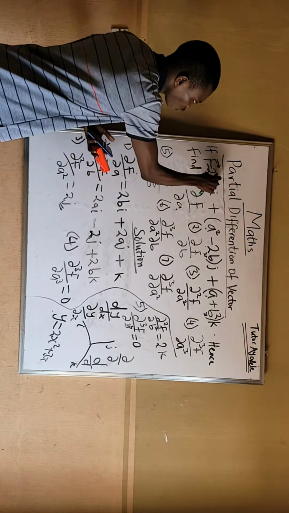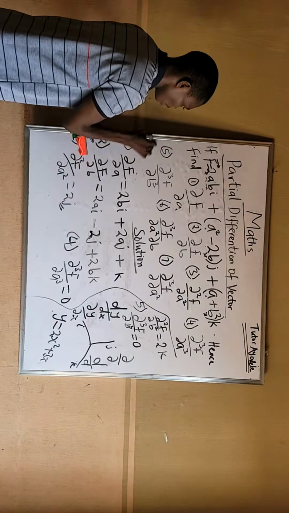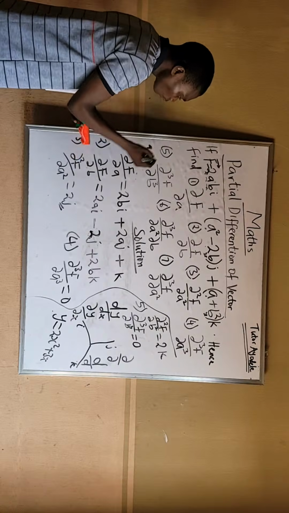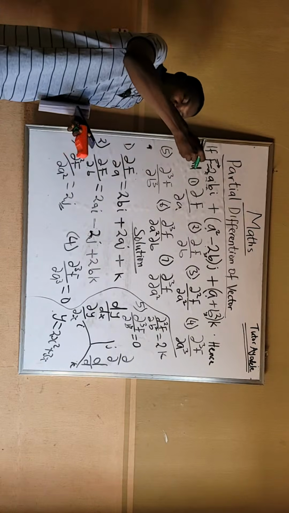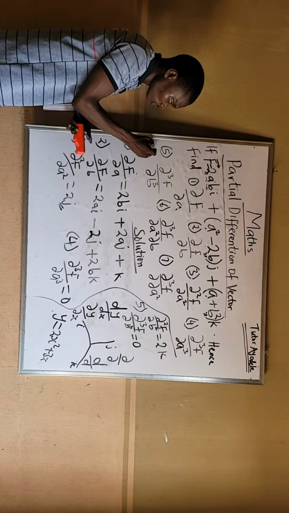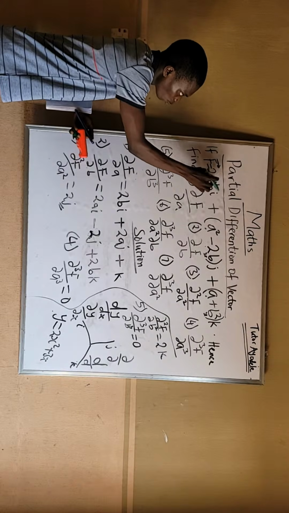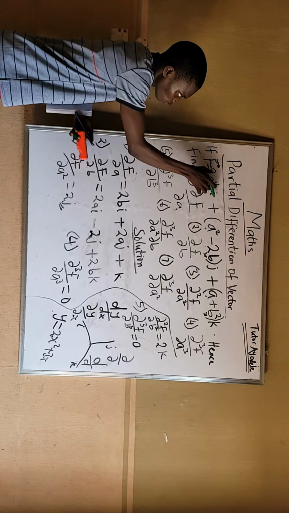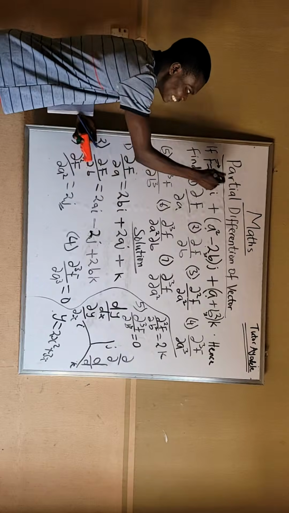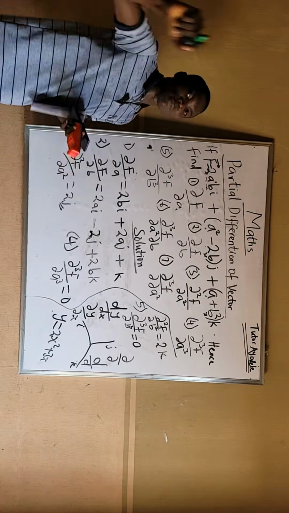So if you now differentiate just a single a, just ordinary a, what will it give you? Whenever you are differentiating, you will use the power. You know what is invisible? What is the power of this one now? The power is automatically raised to power 1. So you will use the 1 here to multiply what is there. If you use 1 to multiply 2b, it still gives you 2b. Then whenever you do that, you must always subtract 1 from the power.